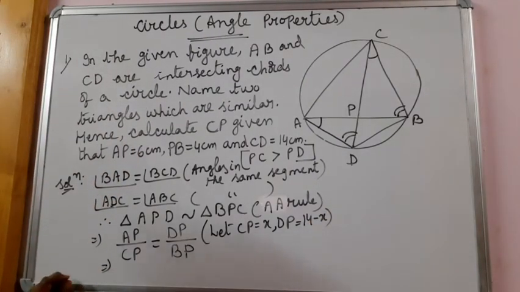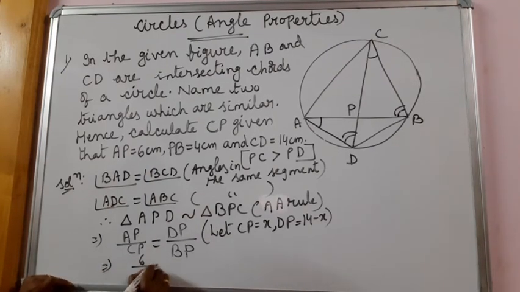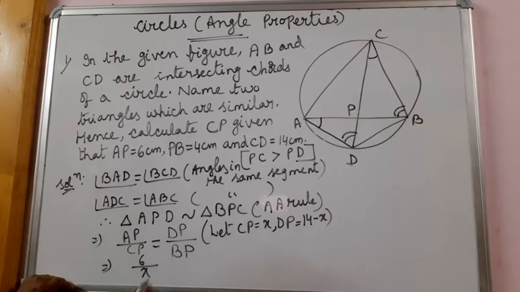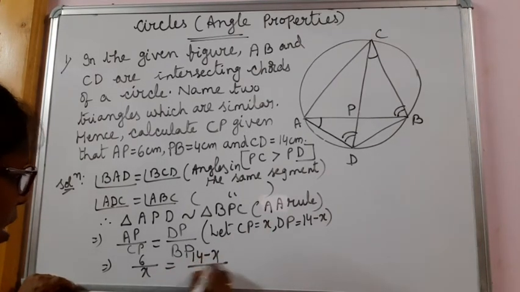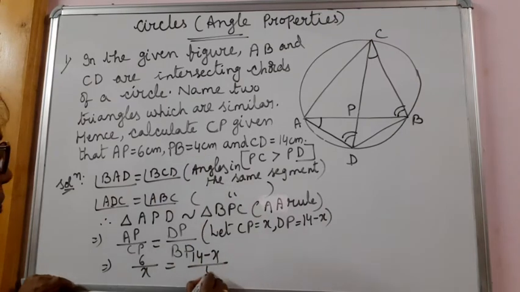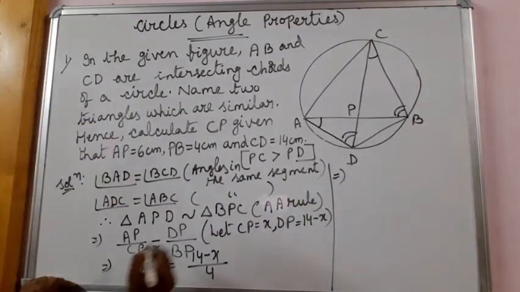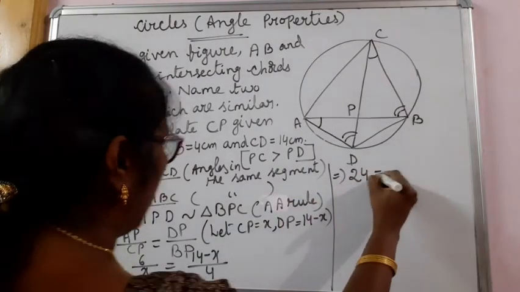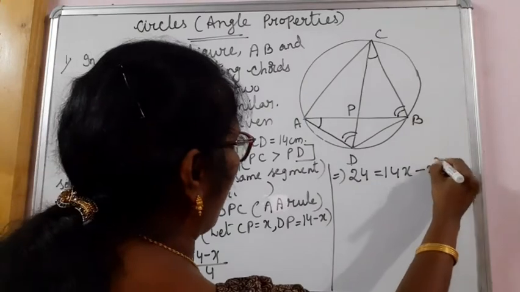So here I can do AB by CP, AB equal to 6, CP we have taken as x, equal to DP we got 14 minus x, by BP is 4. Now that implies 4 sixes are 24 is equal to 14x minus x square.